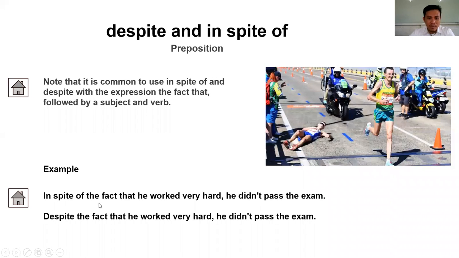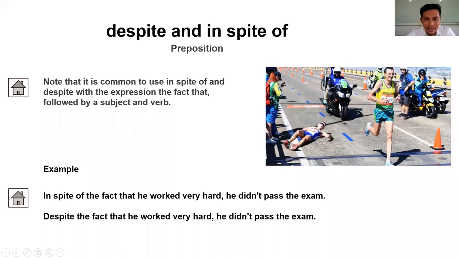In spite of being on time to the class, I was not allowed to join the class, or I was not admitted. Understand? So if you want to write a full sentence: in spite of the fact I come on time, I was not admitted or I was not allowed to join the class.